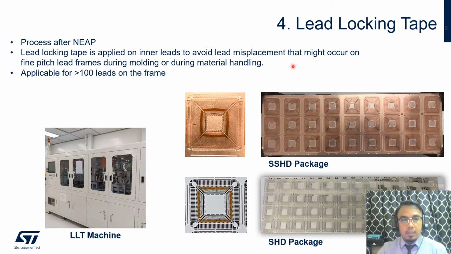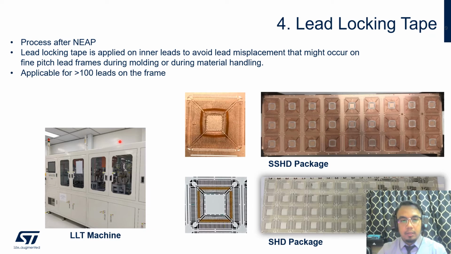This process is applicable for lead frames that have more than 100 leads, and we have two packages involved, which are super high density package and super high density package.